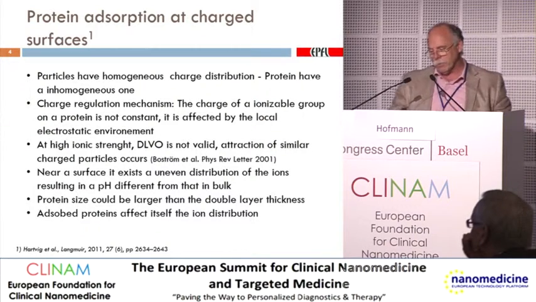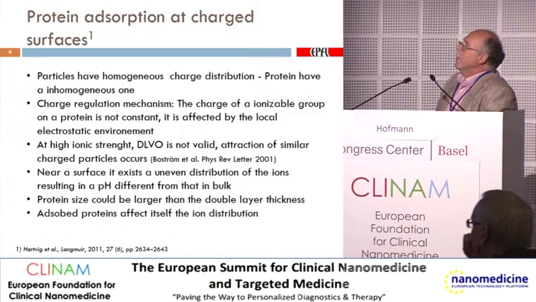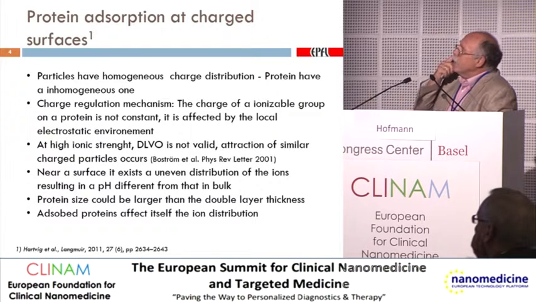If you look now in the literature about protein adsorption on flat surfaces, we know that particles have homogeneous charge distribution, proteins not. Then we have a charge regulation mechanism. The charge of the proteins is changing with the environment, the local electrostatic environment.